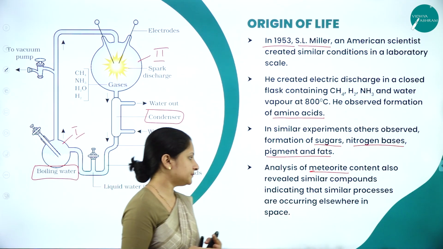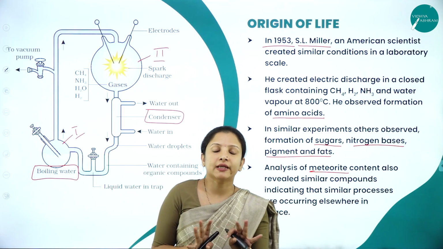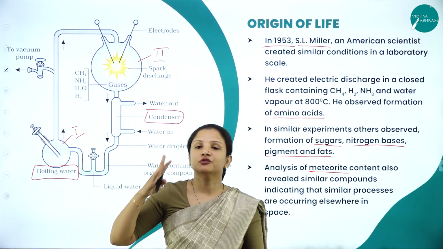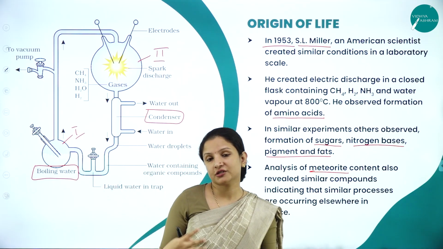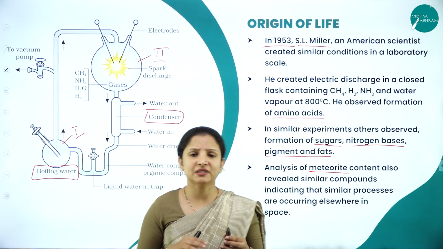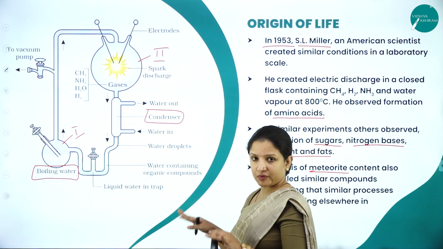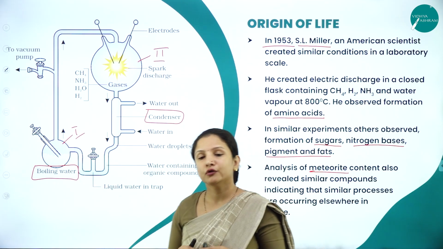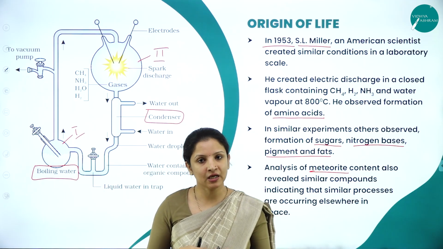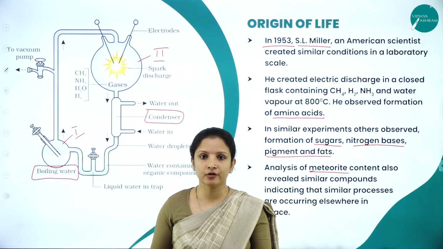That is why they got to know how life forms are forming on our planet. Similarly, in outer space also, they have the same chemical compositions where life forms could have been formed. So this was about this experiment. But though a lot of experiments have been conducted, till date we have no complete evidence of exactly how life formed on this planet, and the search is still going on.